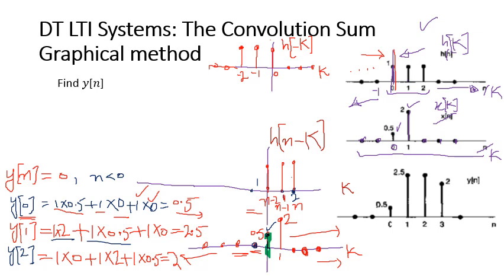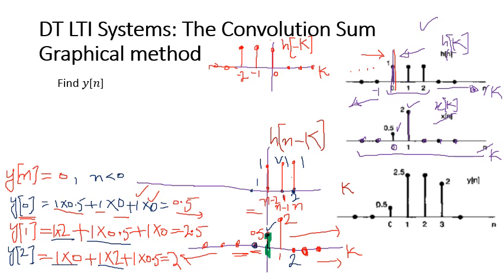If you look at this one, this is index 2. So here the signal is 0, so 0 multiplied by 1. You understand the response has constant amplitude of 1 for all these three samples. So we multiply 1 with 0, which is what I have mentioned here. Then we multiply this one with 2, so 1 multiplied by 2.